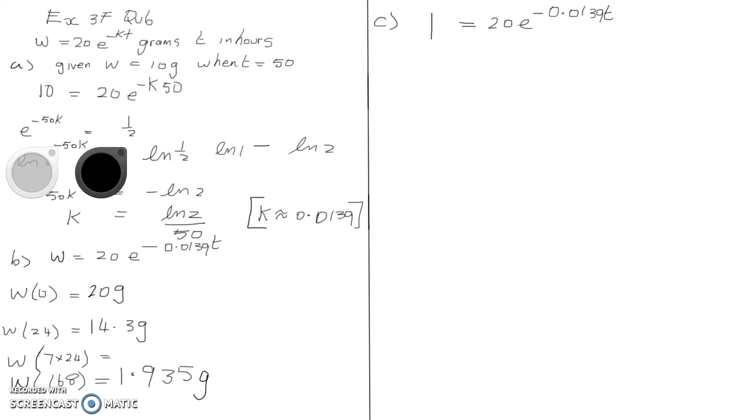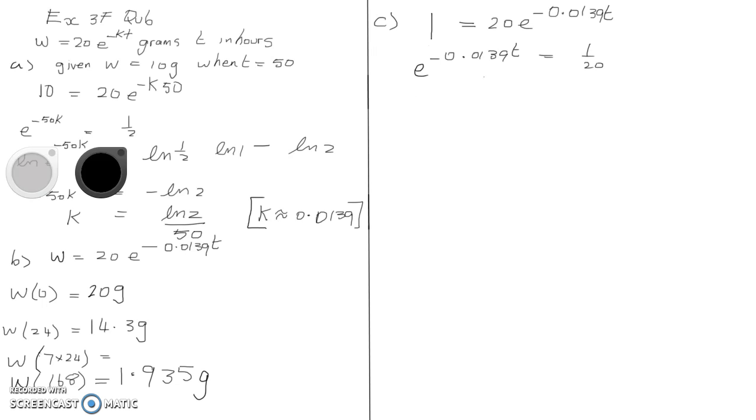Now we've already got that it takes 168 hours to get to 1.9 grams. So we're expecting a number bigger than 170. So if we divide both sides by 20, we're going to get e to the minus 0.0139t equals 1/20.